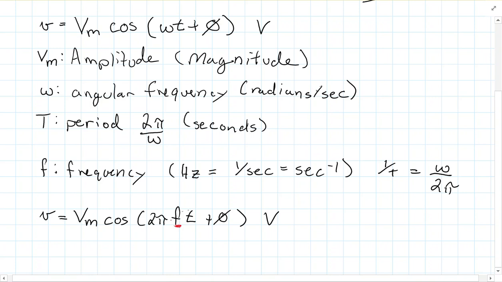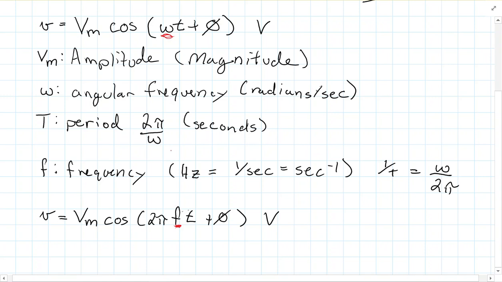We're typically going to write this as omega t, but it's important to recognize both omega and f, because in some problems this semester we'll be given omega, and sometimes we'll be given f. No matter which one we're given, we can easily compute the other.